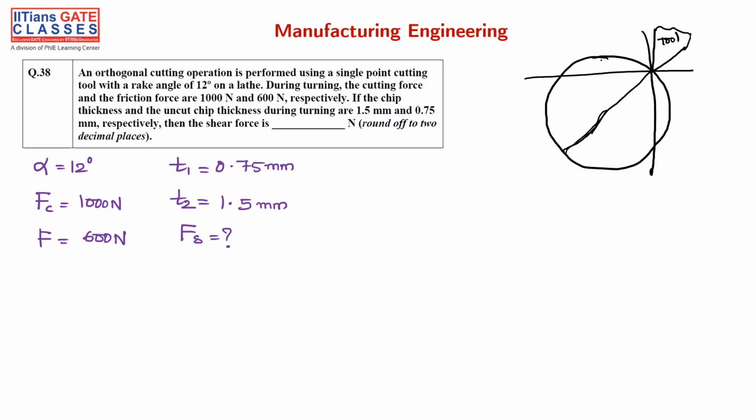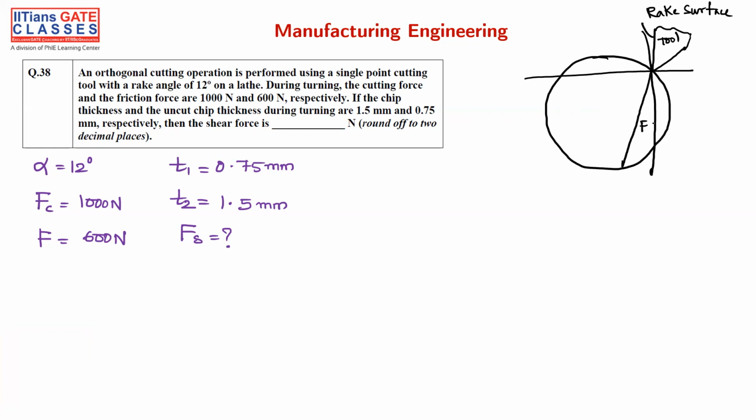Sorry, this is not friction line. Let me write down again. Sorry for this. So this is your friction surface, right? This is your friction because this is your rake surface. Obviously, this is your friction, right?